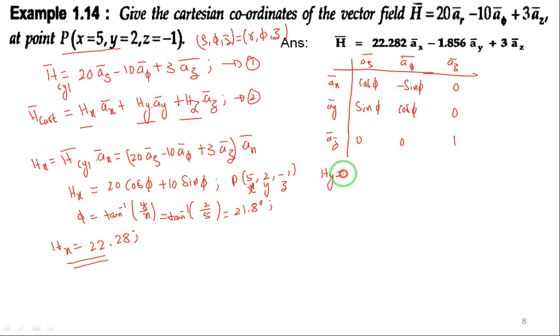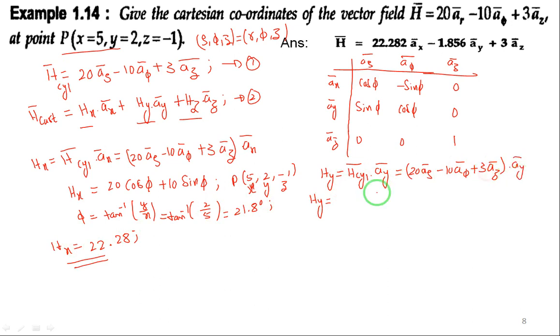Similarly, you calculate hy. How to calculate hy? I will write H cylindrical: 20 a rho minus 10 a phi plus 3 az, into ay.